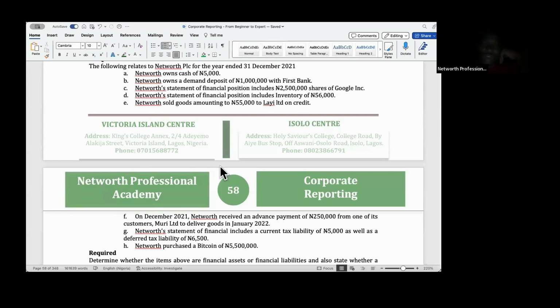Okay, so let's go to the third one. That will be Maya, because your name is showing next here. So Net Worth's statement of financial position includes 2.5 million shares of Google.